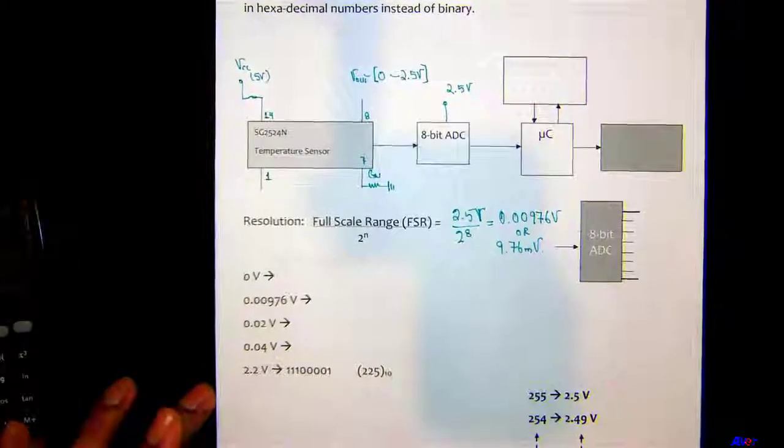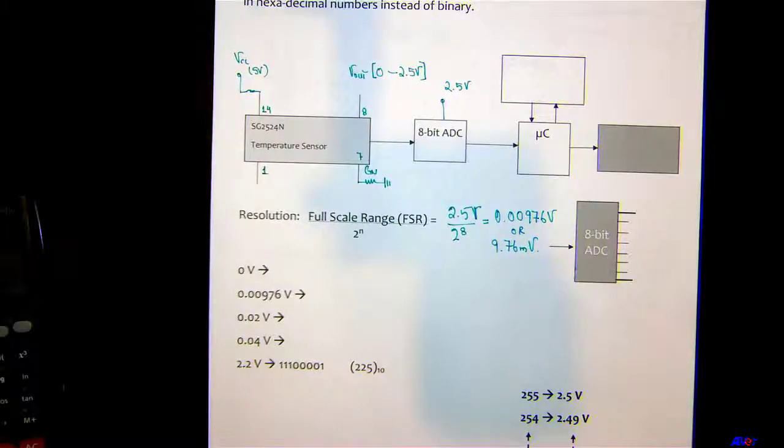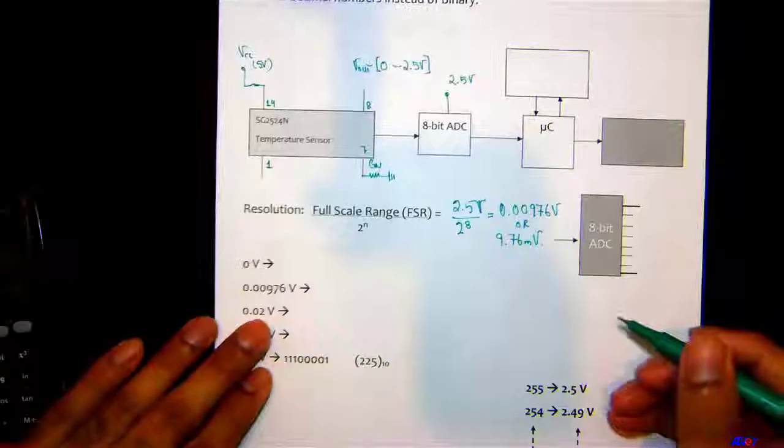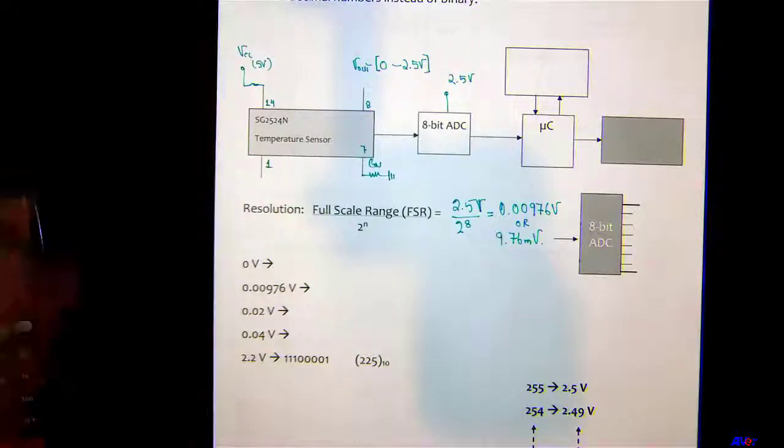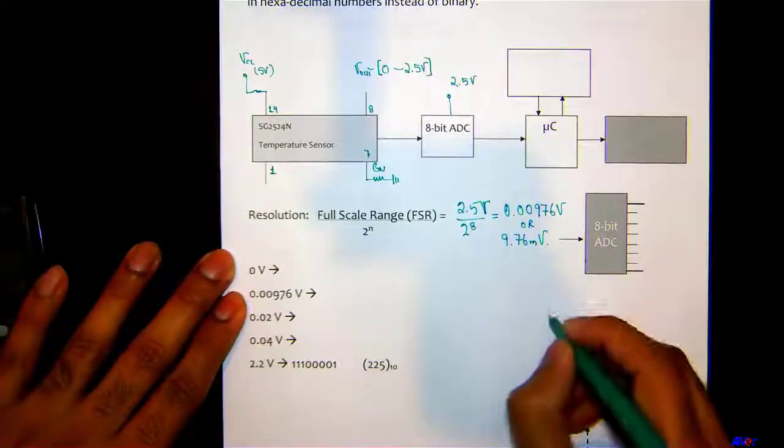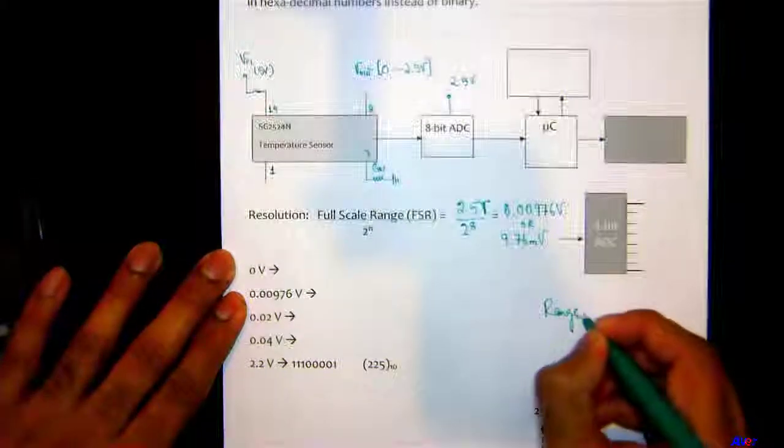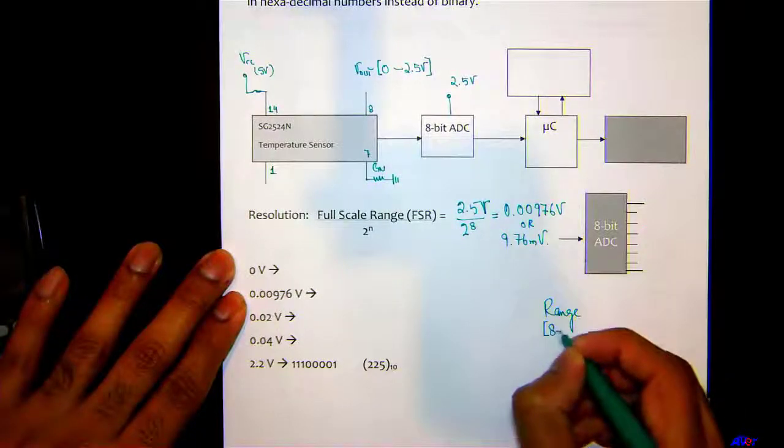Now what does that mean? What it means for an 8-bit, how many possible combinations? What is the range for an 8-bit ADC system? It will go from 0 to... yes, which would be 0 to 255, right? Let's do it here. What is going to be the range for the 8-bit system?